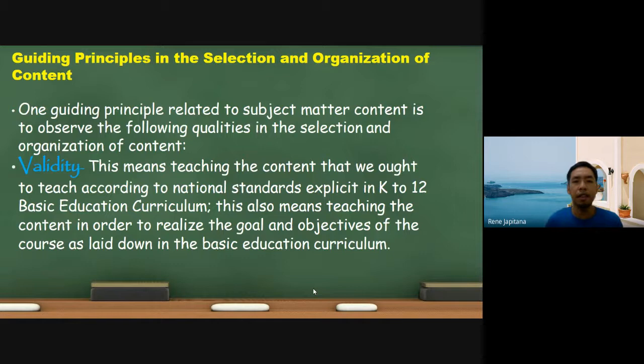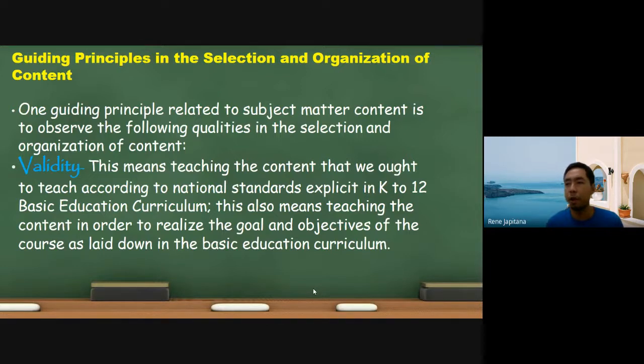This means teaching the content that we ought to teach according to the national standards explicit in the K to 12 basic education curriculum. So as teachers, this is our Bible. There are some misconceptions of teachers when they are going to teach.